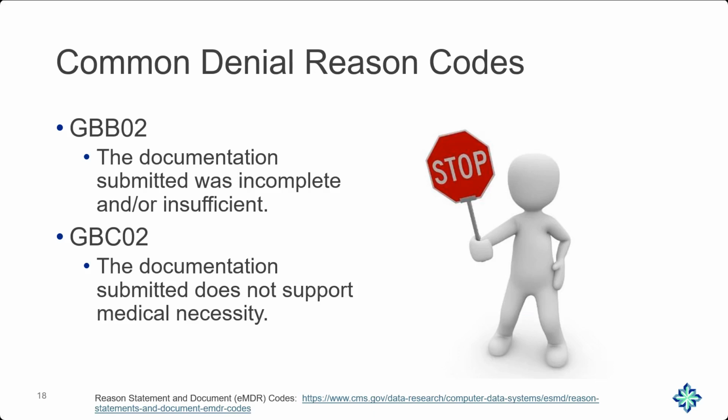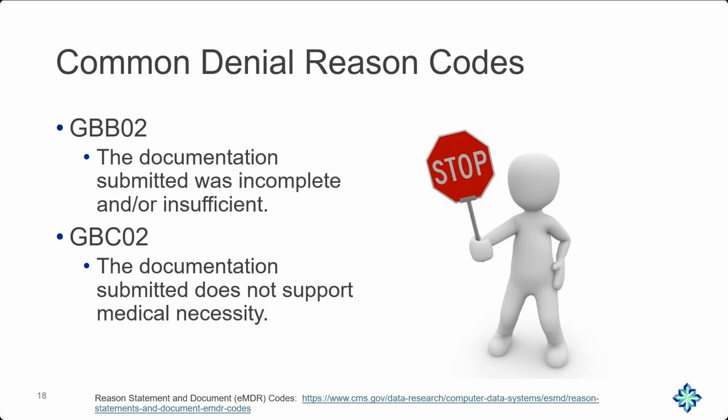required timeframes. The next denial reason code is GBC02, which represents that the documentation submitted does not support medical necessity. In other words, the records fail to provide adequate justification for why the treatment was necessary based on the patient's condition or established clinical guidelines.